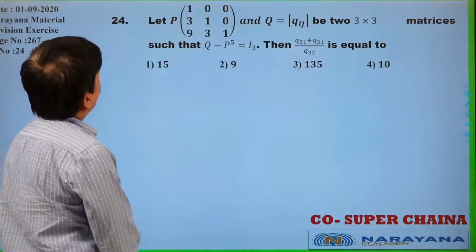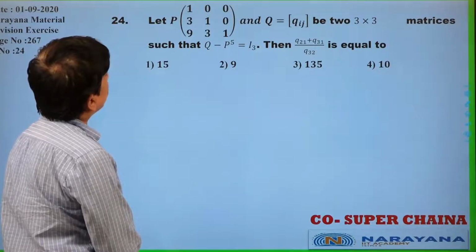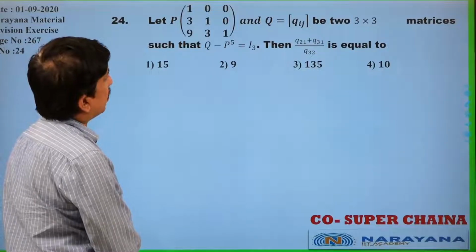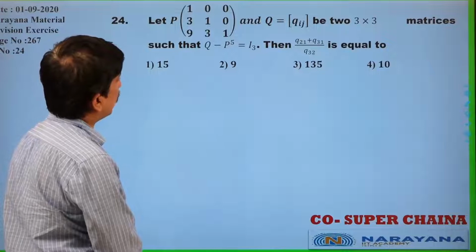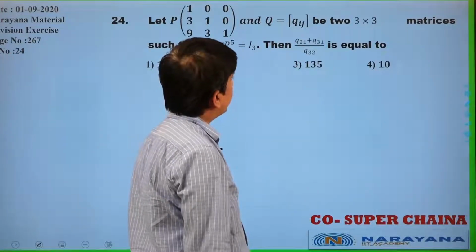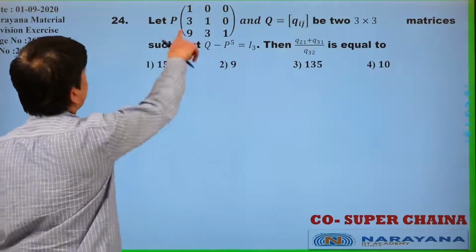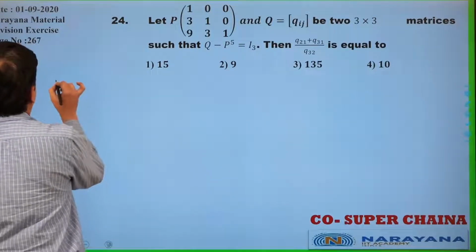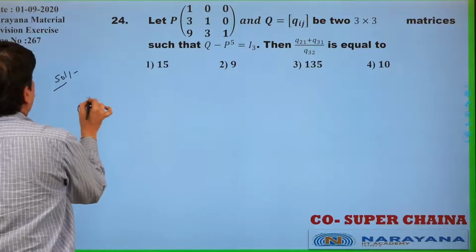Now, P of 1 0 0, 3 1 0, 9 3 1, Q of Qij be two 3 by 3 matrices such that Q minus P power 5 is equal to I3, then (Q21 plus Q31) by Q32 is equal to what? This is the P matrix. Now, I am writing that P square is equal to what?